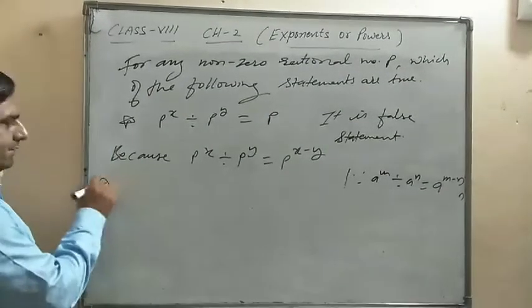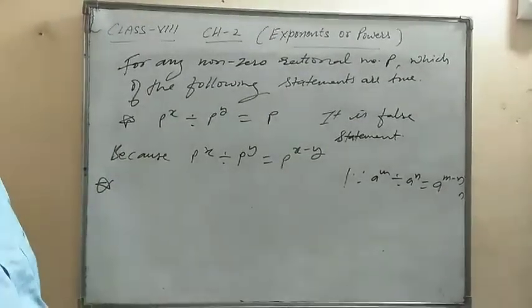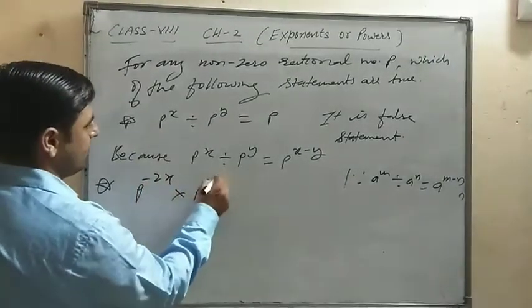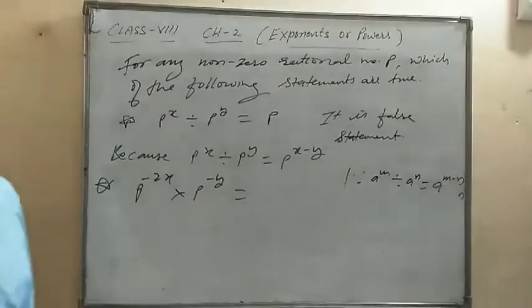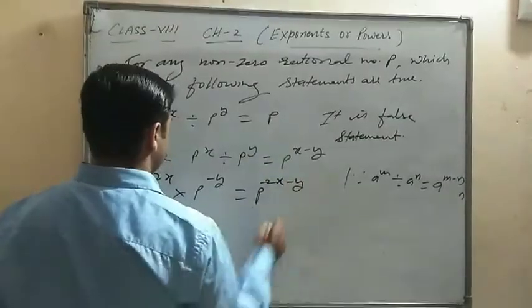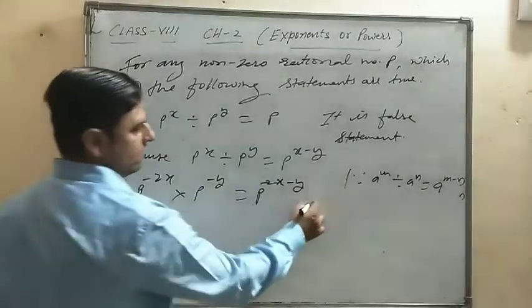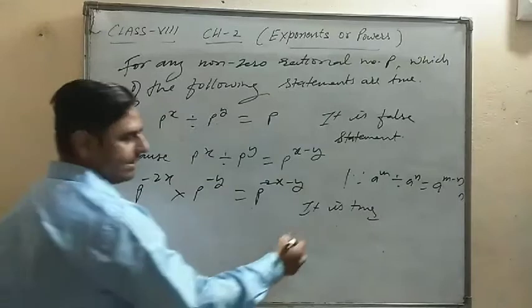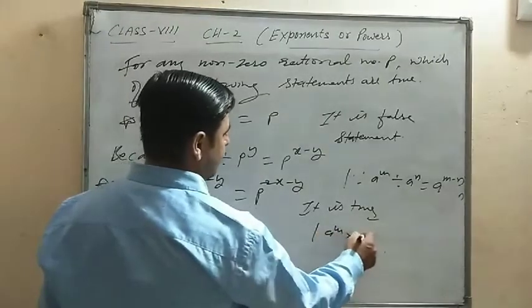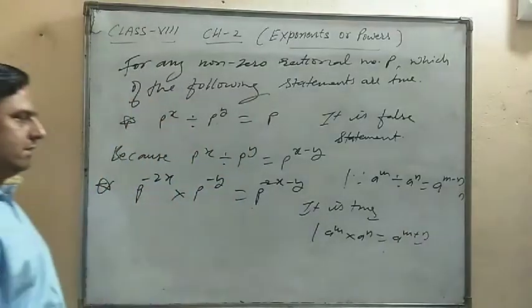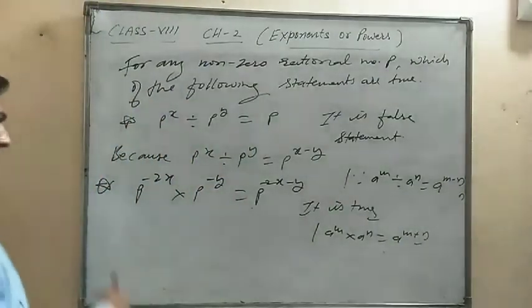So next is p raised to power minus 2x into p raised to power minus y is equal to p raised to power minus 2x minus y. It is true. The same identity is there: a raised to power m into a raised to power n is a raised to power m plus n. So we will add the powers.